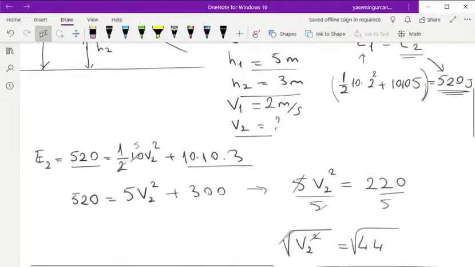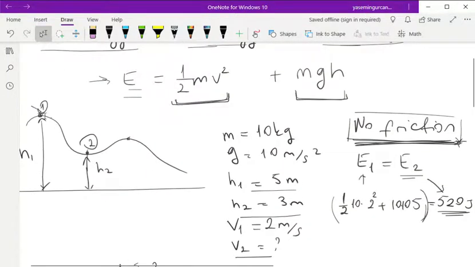Now that I know the energy is going to be lost from point 1 to 2, and I'm given the amount, which is 100 joules, I know that the total energy at position 1 was 520 joules, right? Because I was given the initial values of velocity and height. So I still have 520 joules of total energy at position 1.